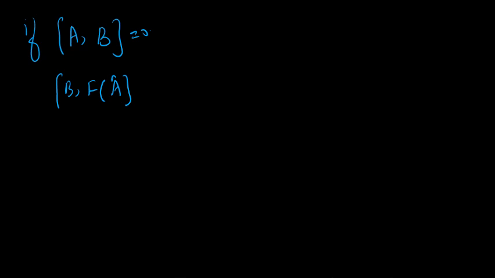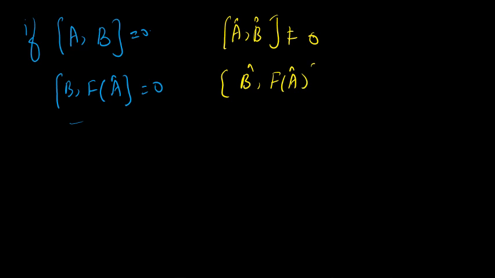In this case, we have learned that if the commutator of A and B is equal to 0, then B will also commute with the function operator f of A. But if A and B are non-commuting, that is, their commutator is not equal to 0, then in this case B will also not commute with f of A. This will also not be equal to 0.